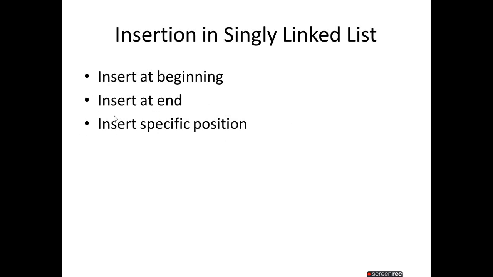Then after that I will show you how to insert a node at a specific index, means specific position. So basically in this video, I will show you three ways: insert from beginning, insert at end, and insert at a specific index.